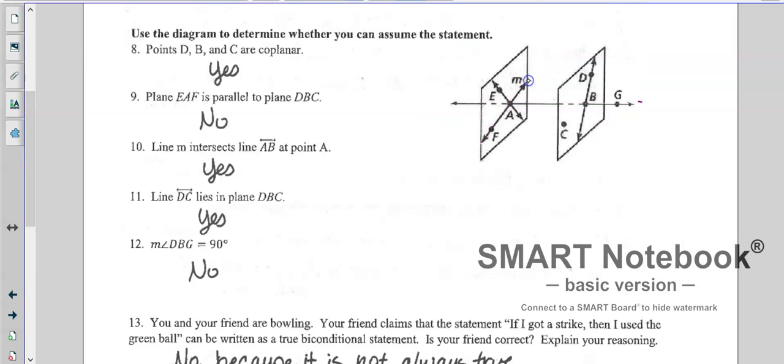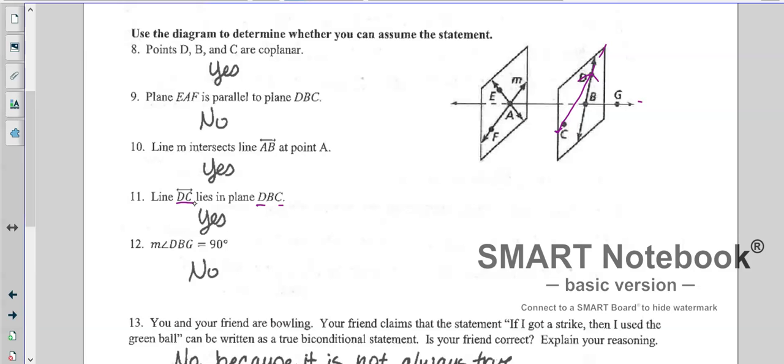So read carefully. Line DC, where's that? Well, it's not drawn, but we could make one here. Line DC, right there, lies in plane DBC. Well, yes, because of the picture, but also here's the clue. DBC. DC. It has to.